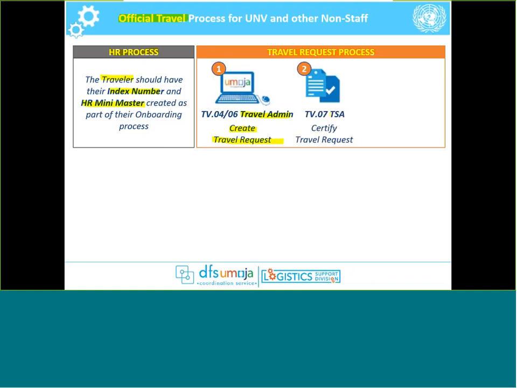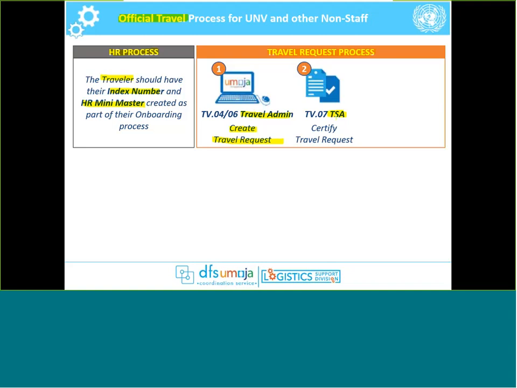Right, so all your official travel requests you submit on behalf of the UNVs or non-staff will go for certification by the TSA. And the list of TSAs, as we said, will be derived based on the cost center you choose when you are raising your travel request.